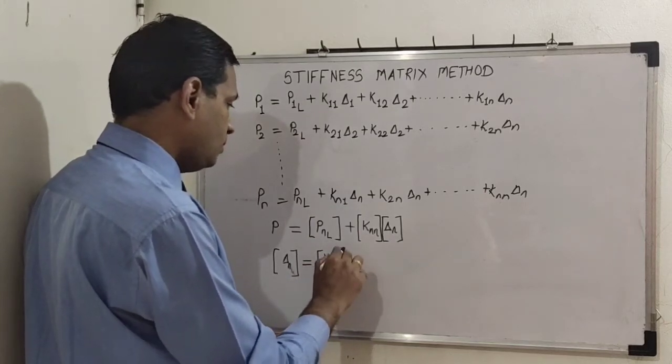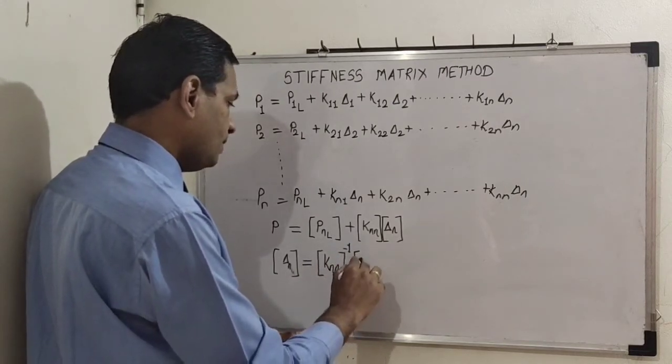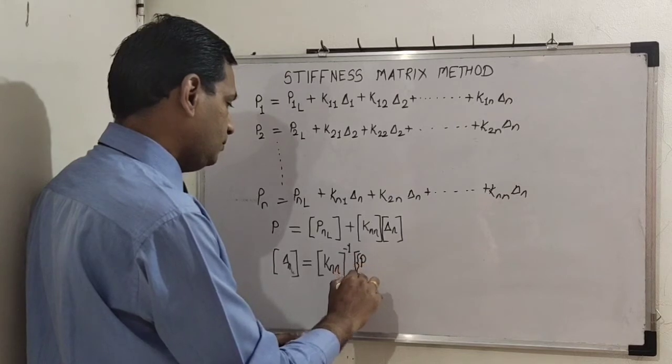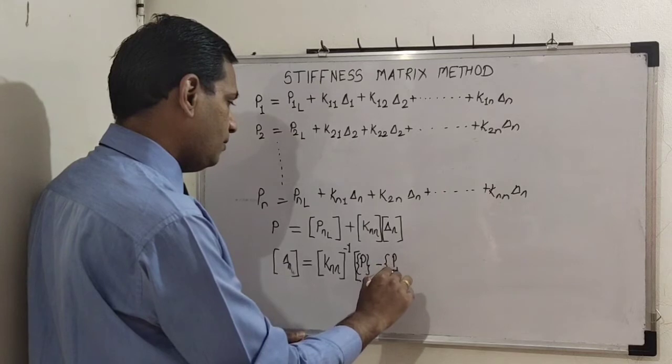Okay, so this is K inverse into bracket P minus PL.